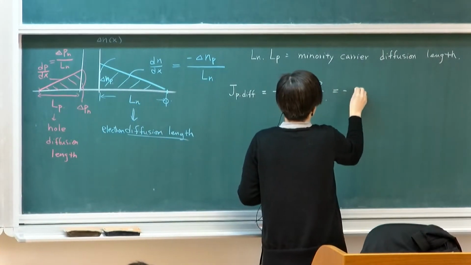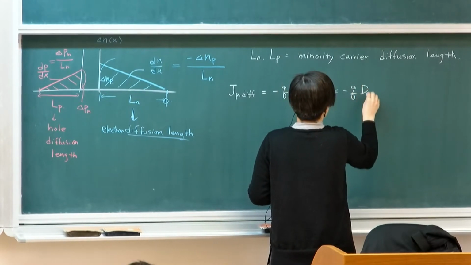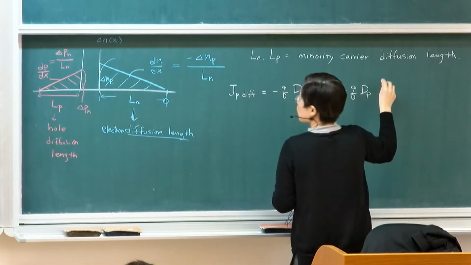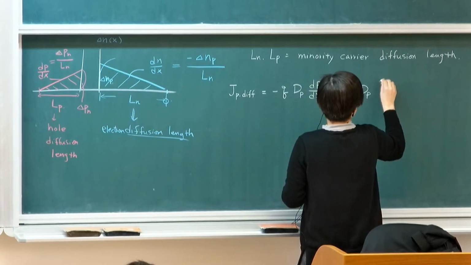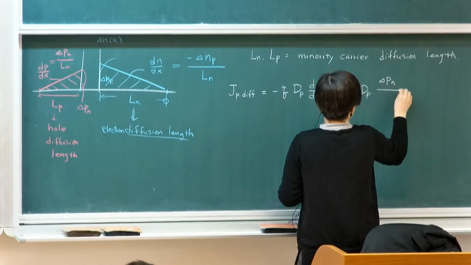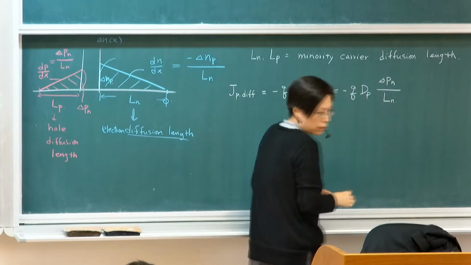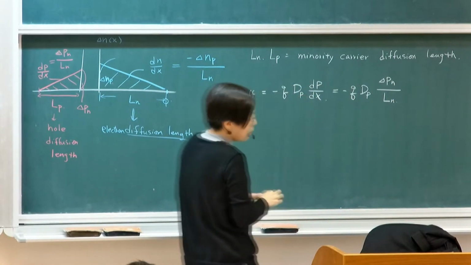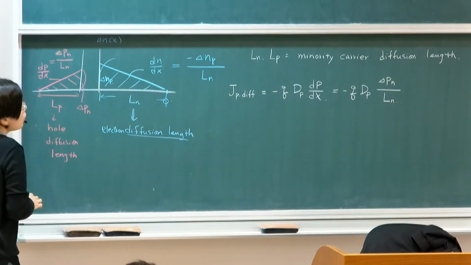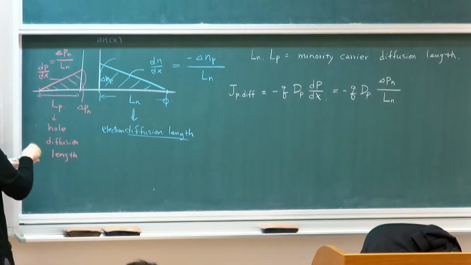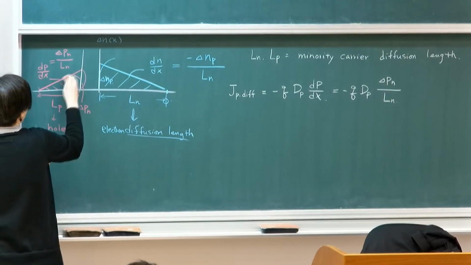It will be delta p_n divided by L_p. We actually get a minus sign because the holes are diffusing in this direction.